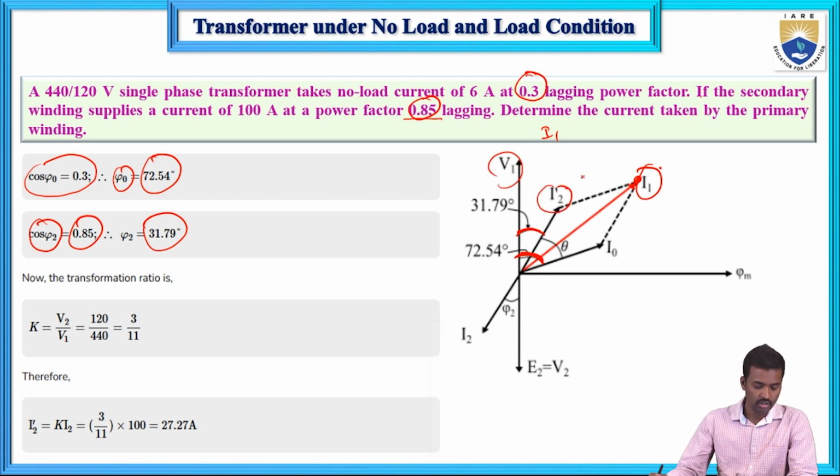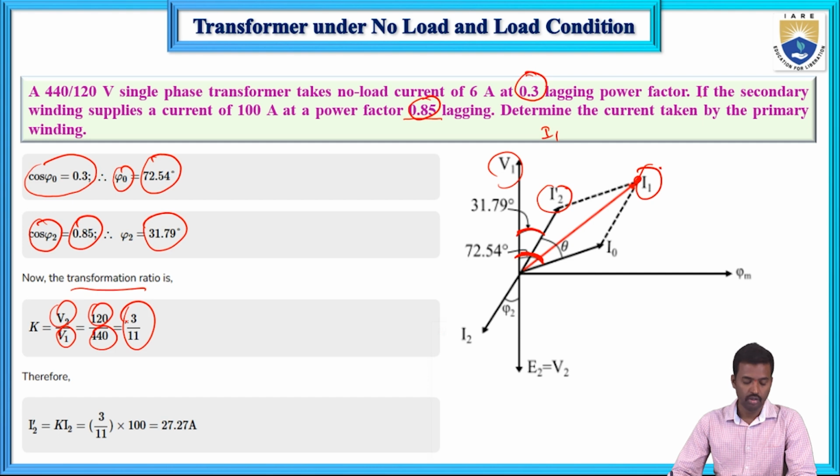Now if you know the K value, the transformation ratio K equals V2 by V1, that equals 120 by 440, which is 3 by 11. I0 is 6 amp, but to get this I2 dash, we need the K value.